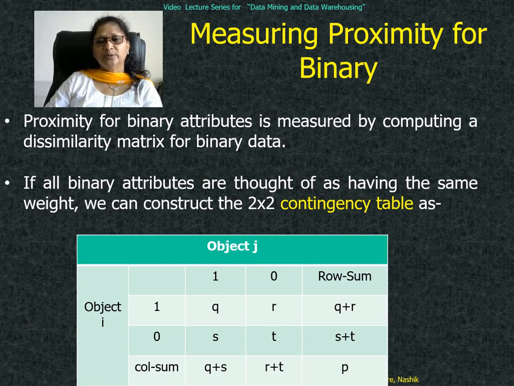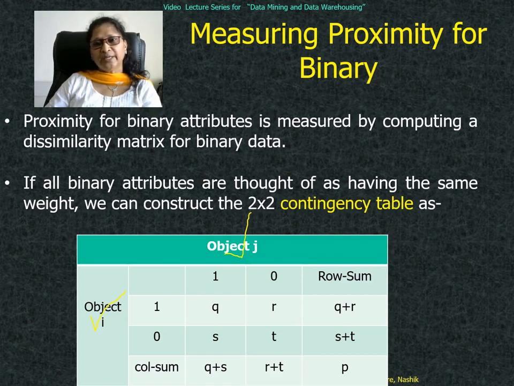In this table, we have two objects, object I and object J, and we are going to compute the proximity for these two objects. That is, we are going to find out the similarity or dissimilarity between object I and object J with the help of the binary attributes which define these two objects.